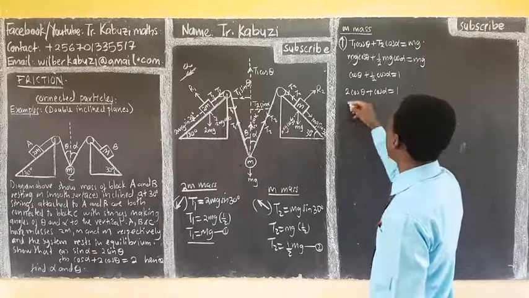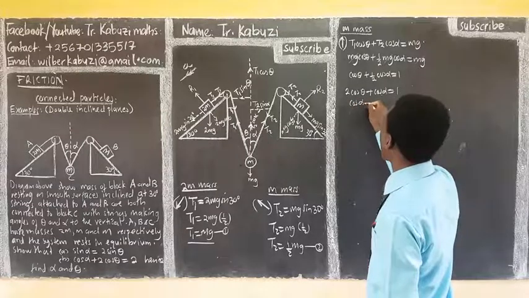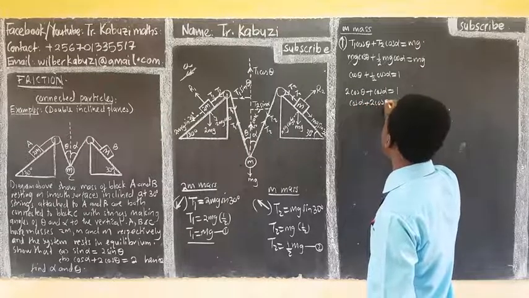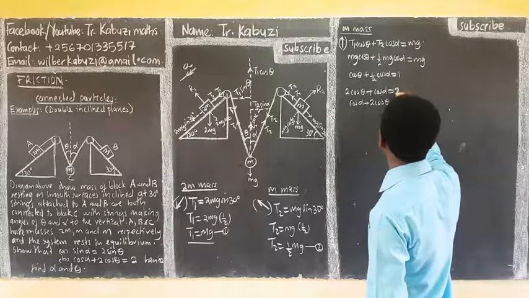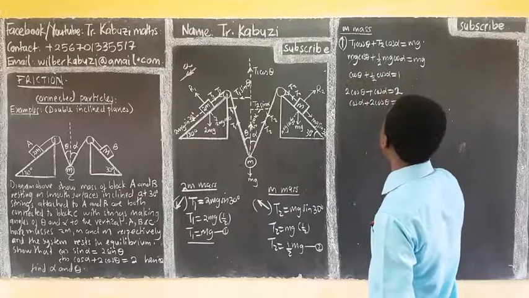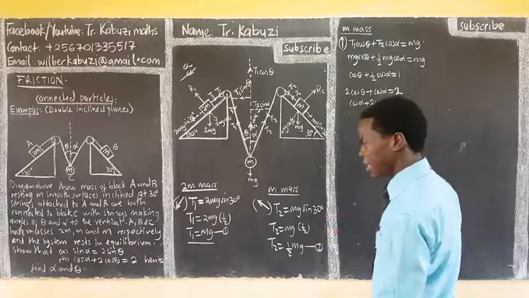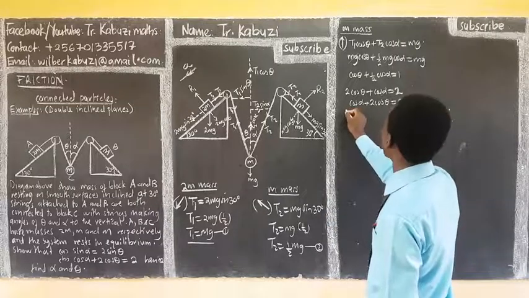So if we interchange them, we get cos alpha plus 2 cos theta equaling 2. And I think that proof is done.